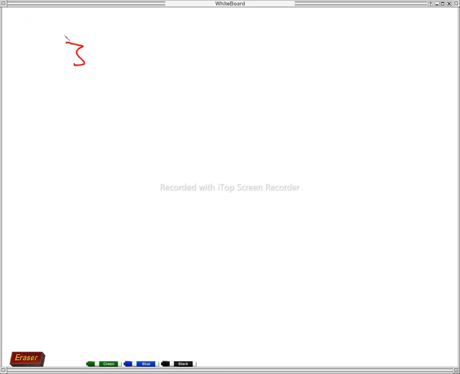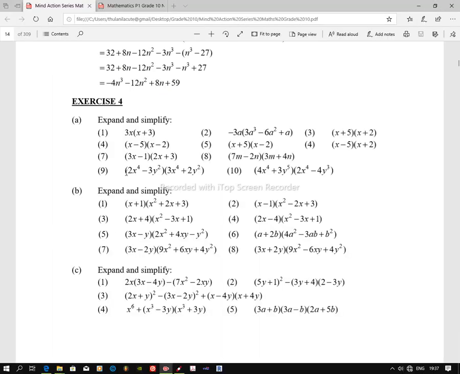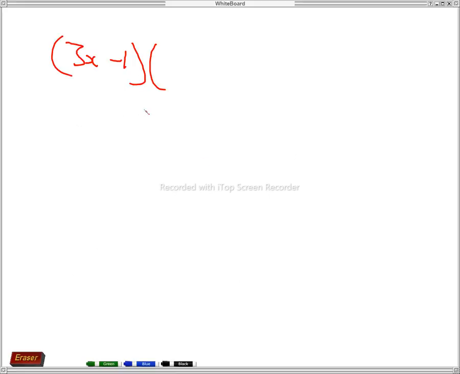So we had (3x minus 1) into brackets (2x plus 3). The question was expand and simplify.